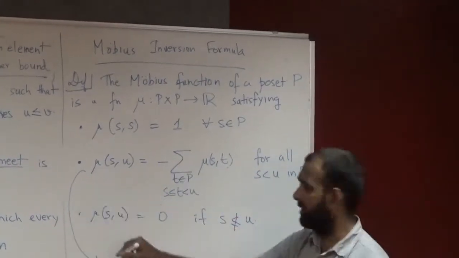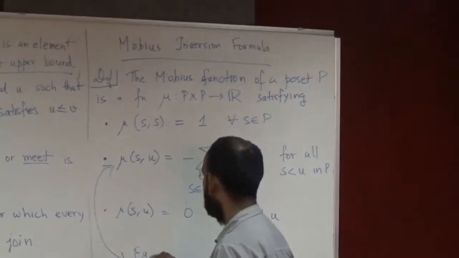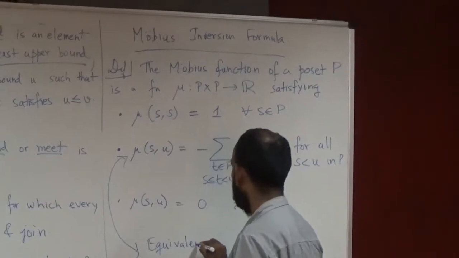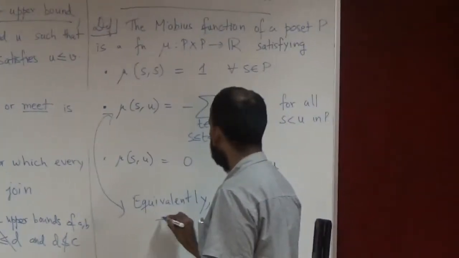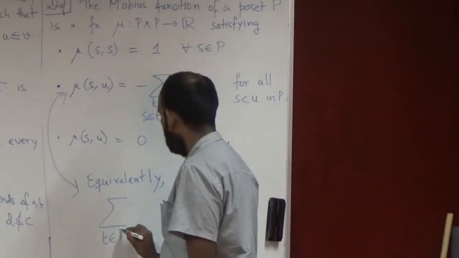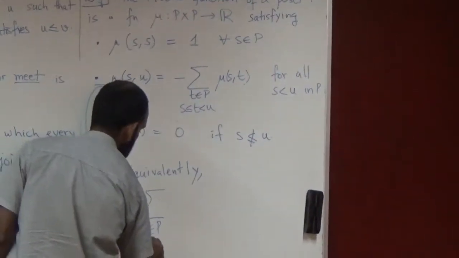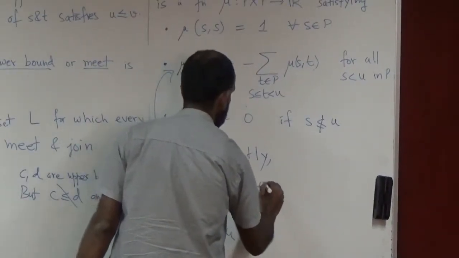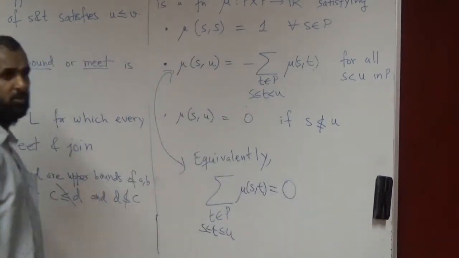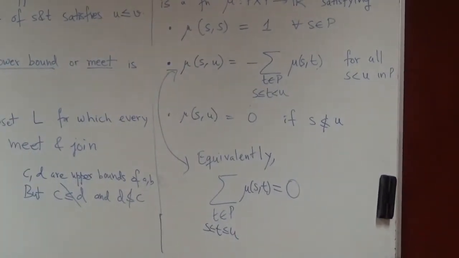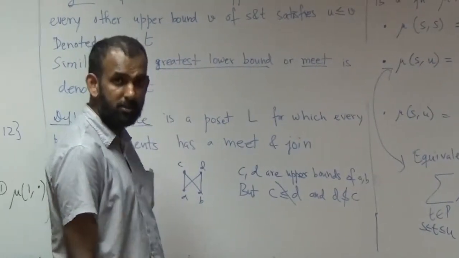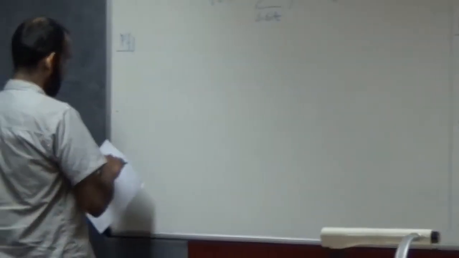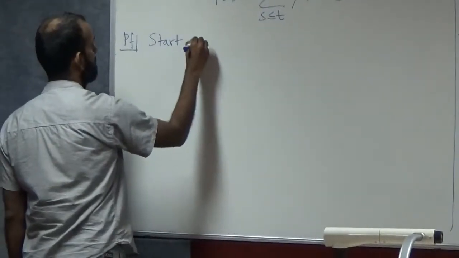So if I take everything over here, this is equivalent to saying that the sum over all t in P with s less than or equal to t less than or equal to u of mu of s, t is 0. Okay, this is how the Mobius function is defined, right? So that we are going to use in the proof. So we want to prove this. Let's start with the RHS.